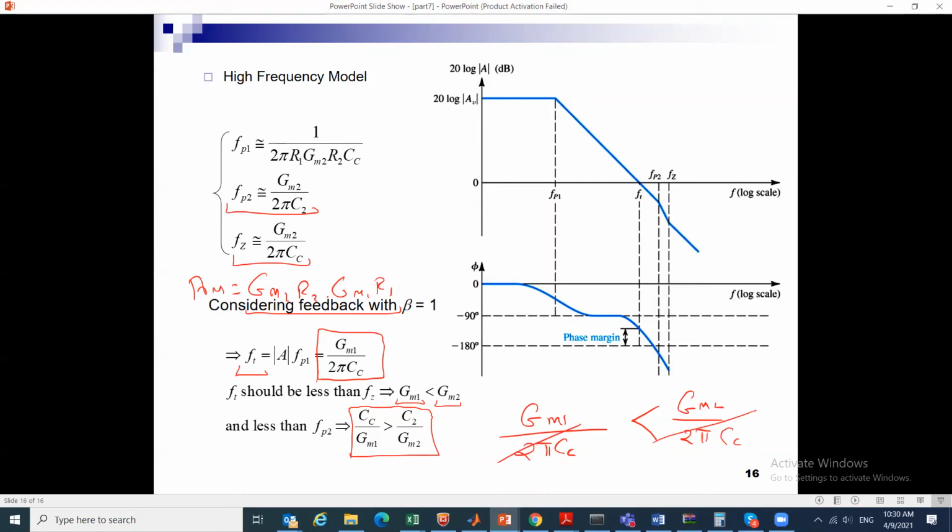But the most important thing here is that if beta equals 1, 20 log 1 over beta is 0, and therefore I will be inspecting the intersection of the 20 log A curve with the 0 dB line, and therefore I can find omega 1 from omega t in this scenario. This is very important. Anybody has any question?